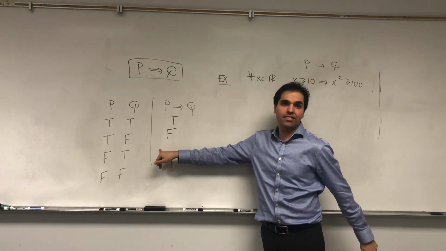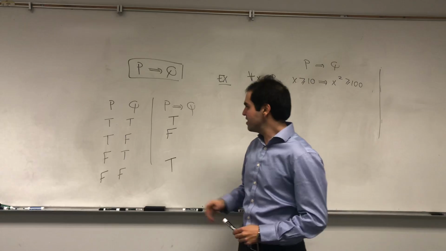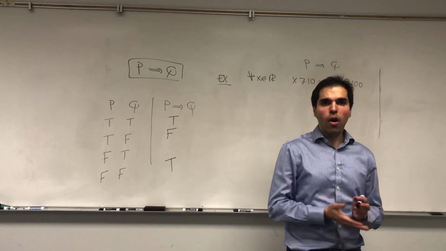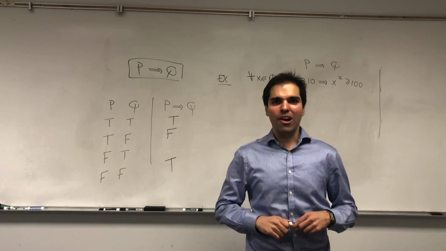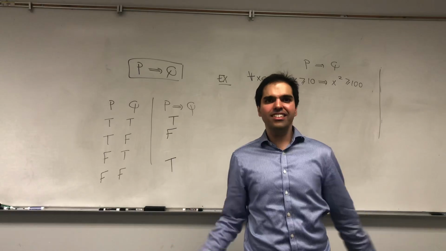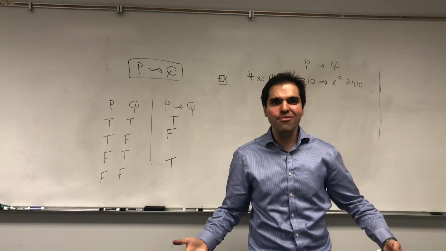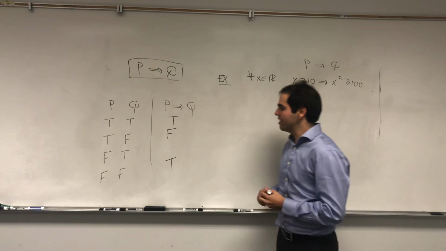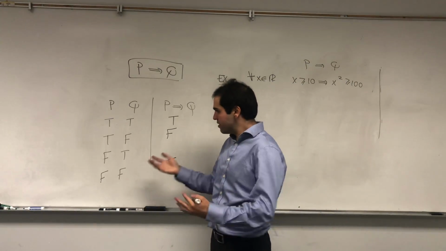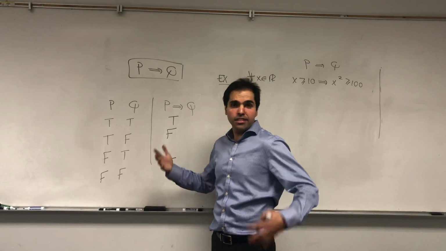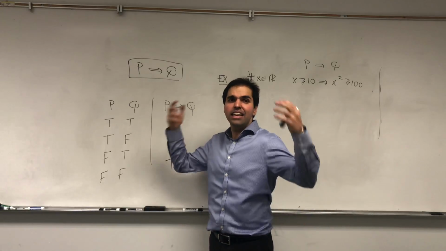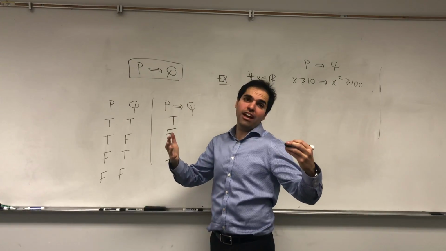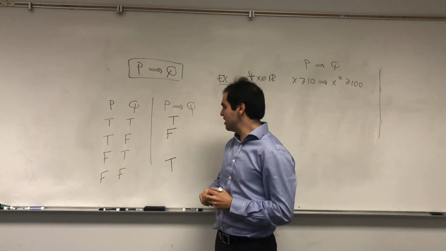Last but not least, maybe the most interesting scenario. Suppose you don't get into a car accident, but the policy is so nice that we give you $1 million. Would you be angry? Probably not. And in fact, it's still the case that it's not false that if you have a car accident, then we give you $1 million.